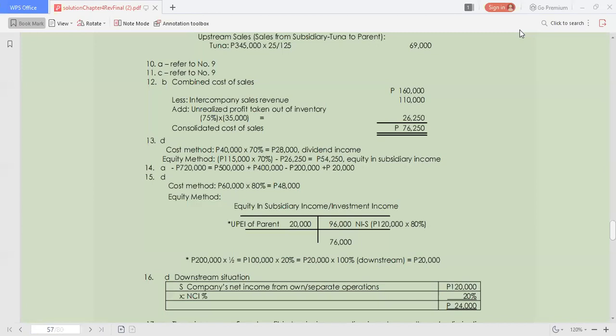Now if we use the equity method, it's given at 54,250. That's the equity in subsidiary income.